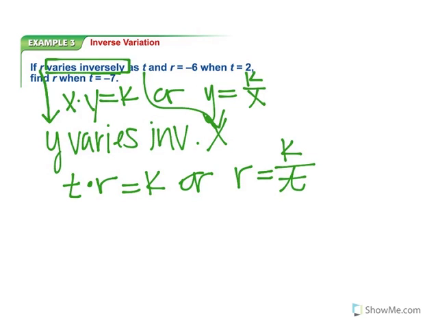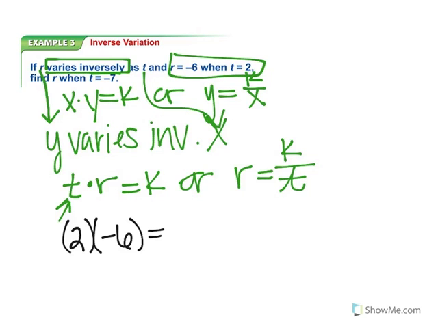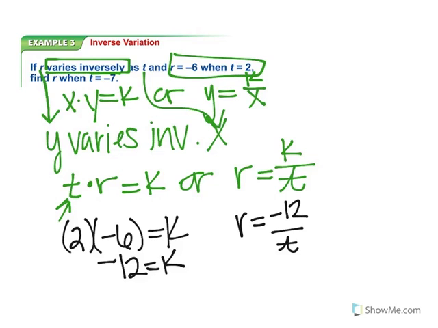Okay? All right, so we need to plug in what we know. We know that r is -6 when t is 2. So we're actually going to use this first formula so we can figure out what k is. So we have t is 2, r is -6. That's going to give us k, which is equal to -12. So we have the second formula, r is equal to -12 divided by t.